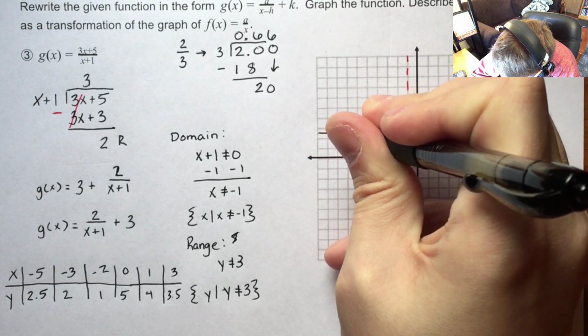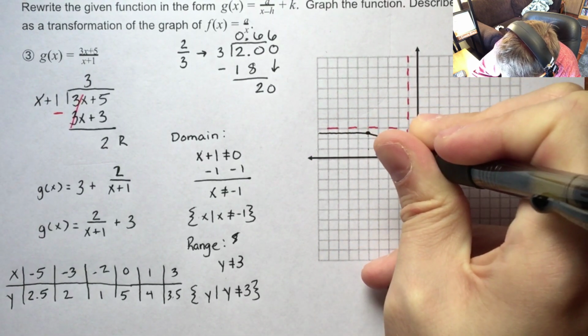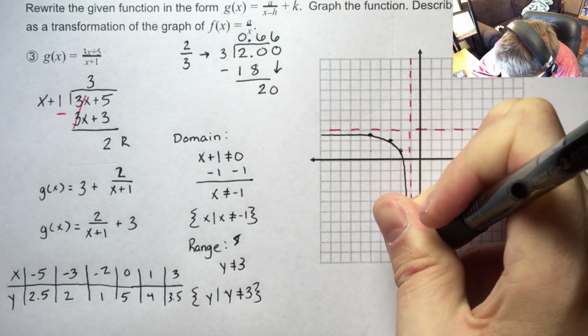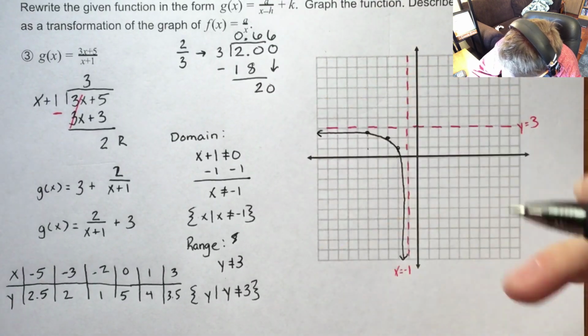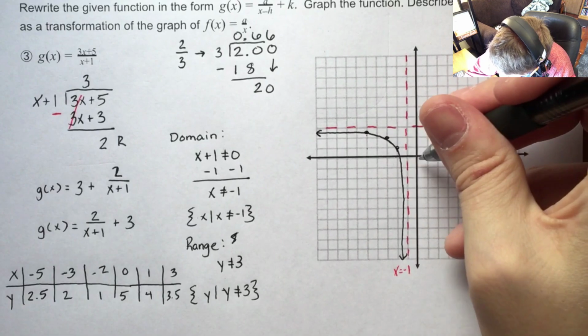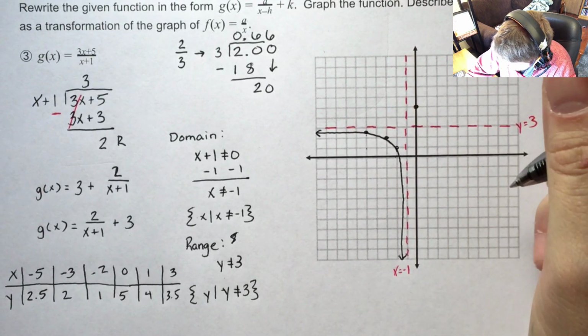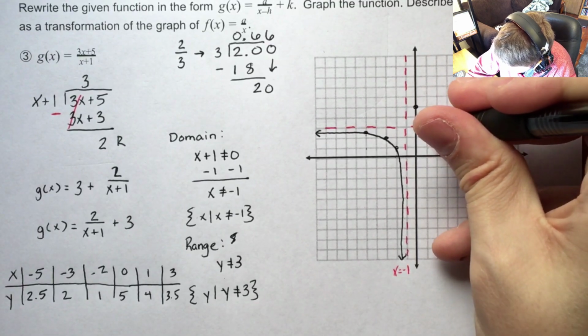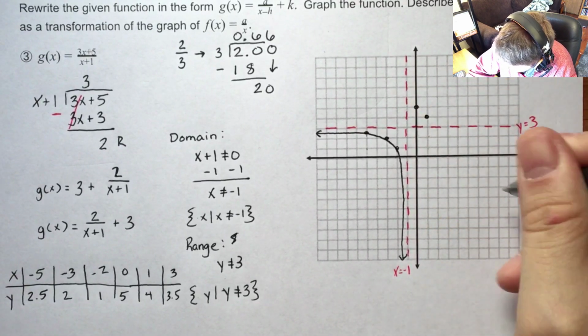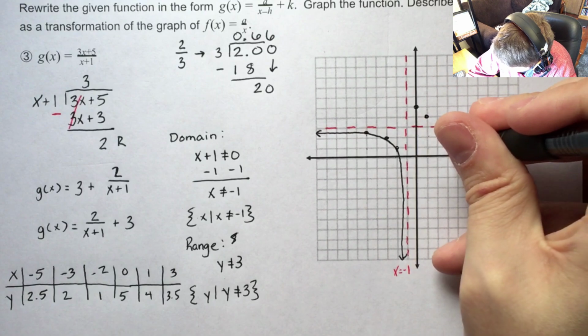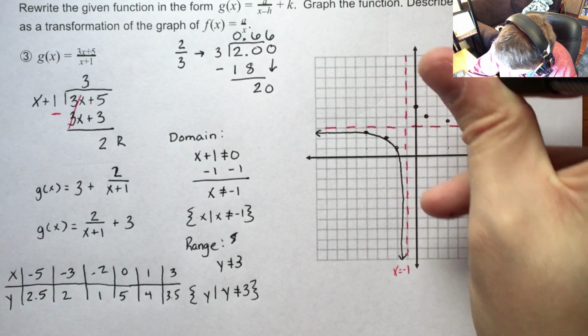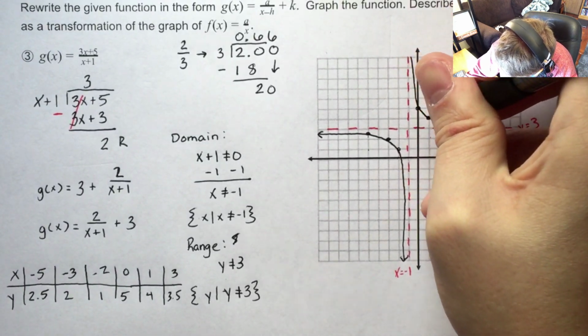Then we can connect them with a nice smooth curve. And then next we have 0, 5, 1, 4, and then 3, 3.5. We can graph those.